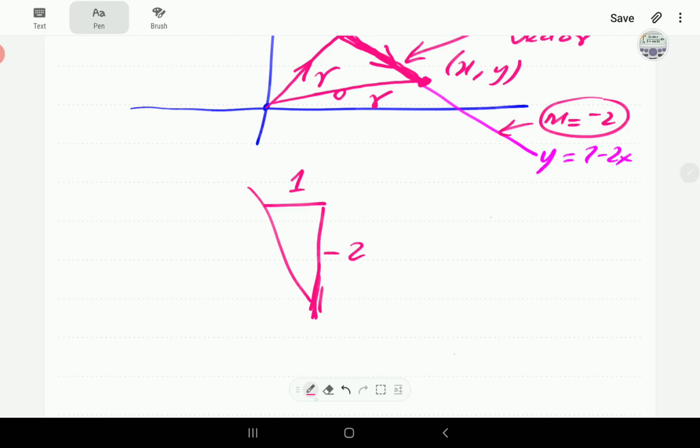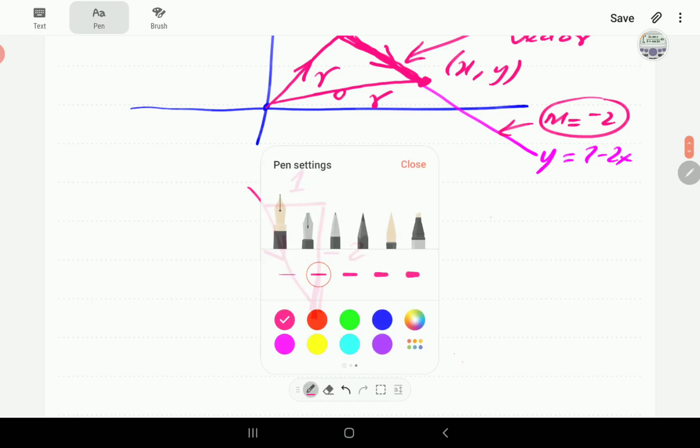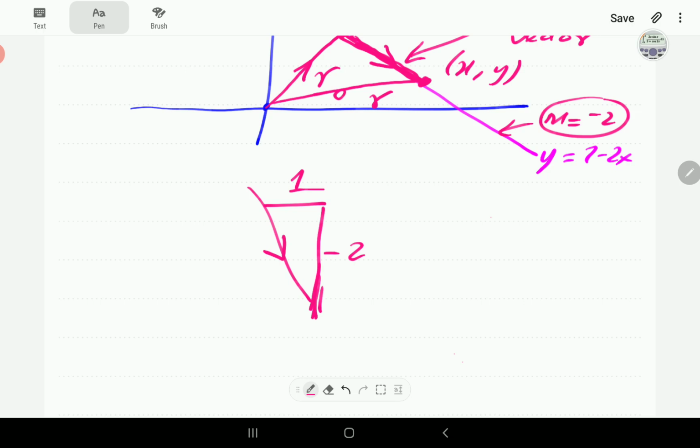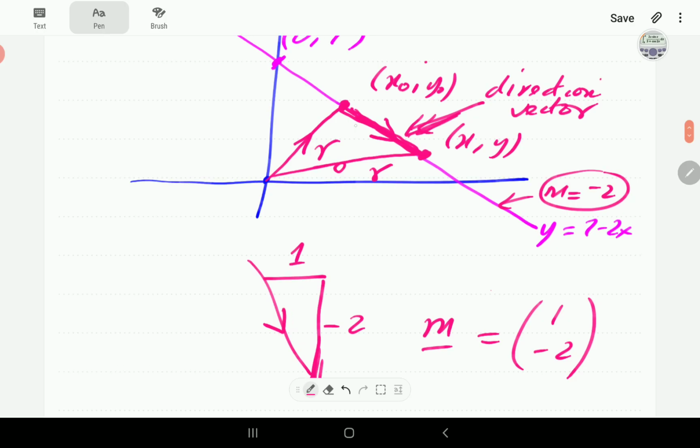Now this is already a vector, because it's saying the x component is 1 and the y component is -2. And so from that we write the direction vector (1, -2). That's the vector that's going to go in there. But we want it to be variable.